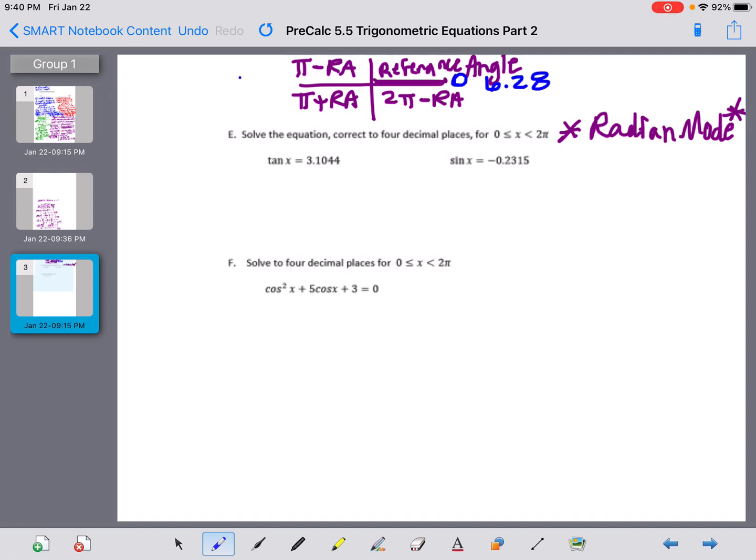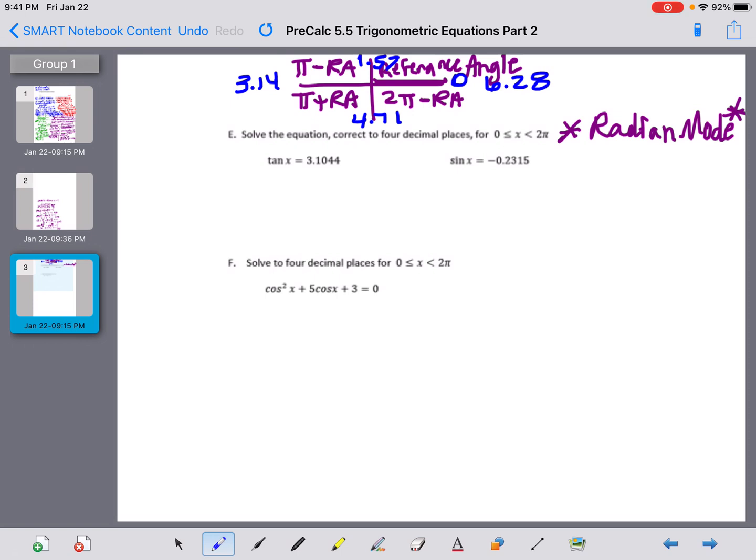So pi over here is about 3.14, okay? So what's pi over 2 at the top? As a decimal, it's about 1.57, okay? What's 3 pi over 2? About 4.71, okay? I say that so when we get an answer, we know where our answer's at.